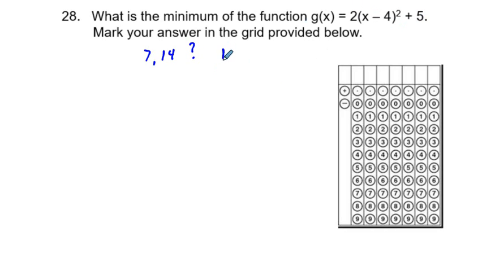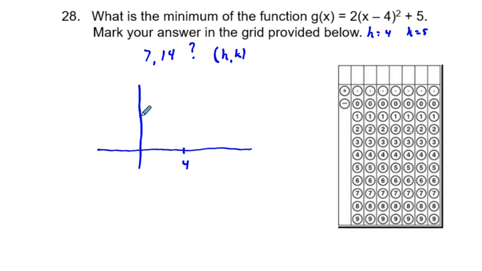But what you have is the vertex given by the coordinate pair h comma k. In a situation like this, h is going to be equal to 4 and k is going to be equal to 5, which means our vertex is going to be here at x equals 4 and y equals 5.